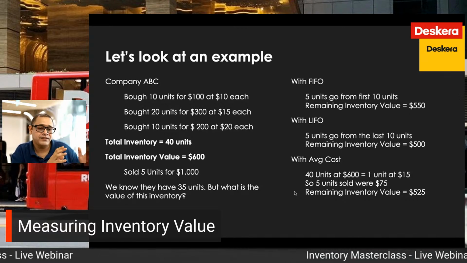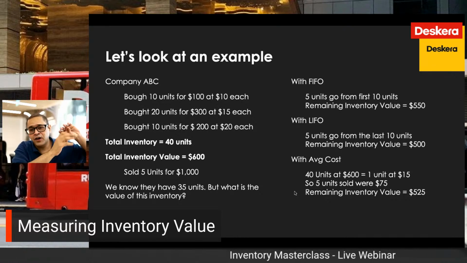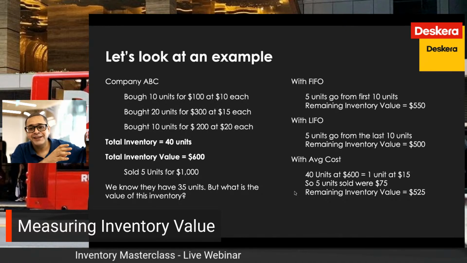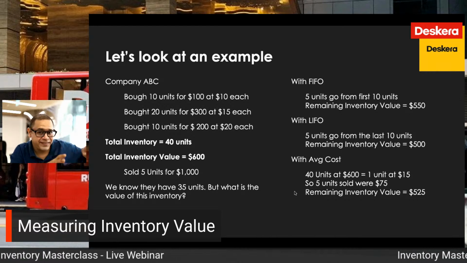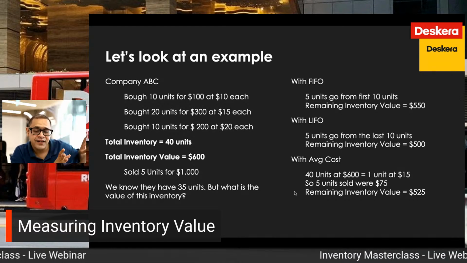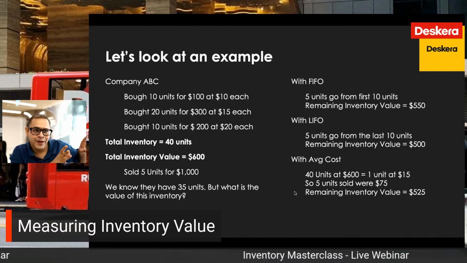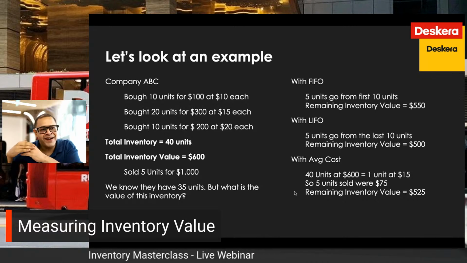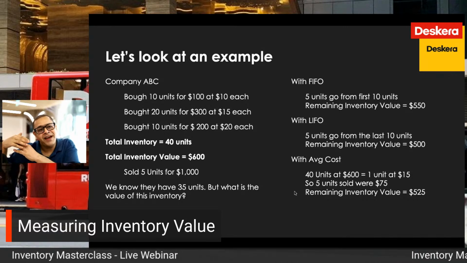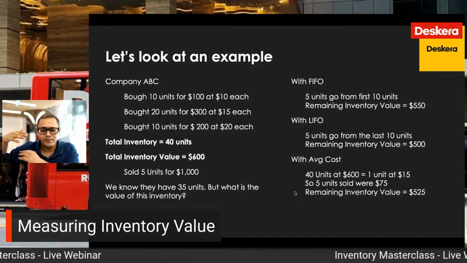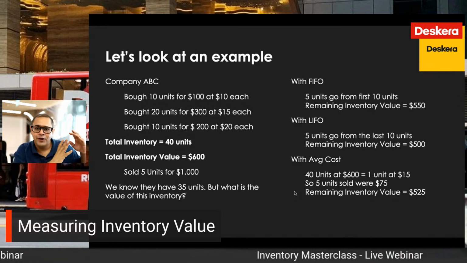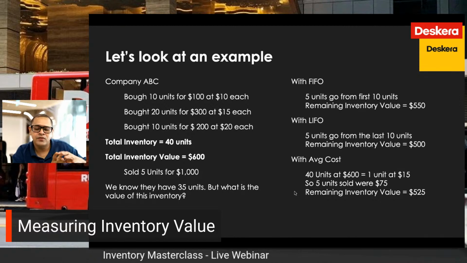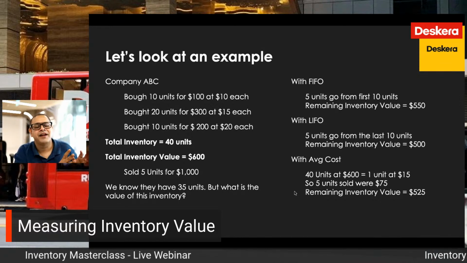Why? Because with FIFO, you are always removing the inventory that came in first, more often than not, the value of that inventory will be lesser than the value of the inventory that you bought later. So your inventory asset will always be at a higher number. With LIFO, your remaining inventory value goes down, right?